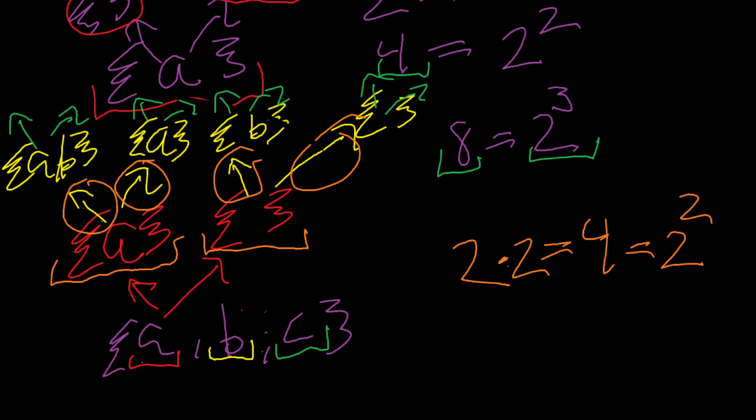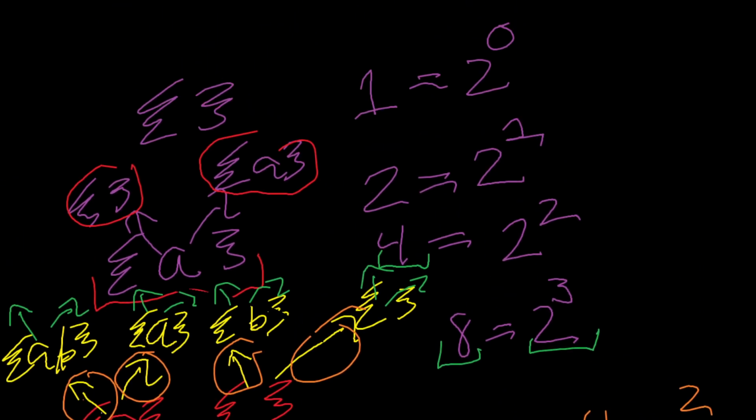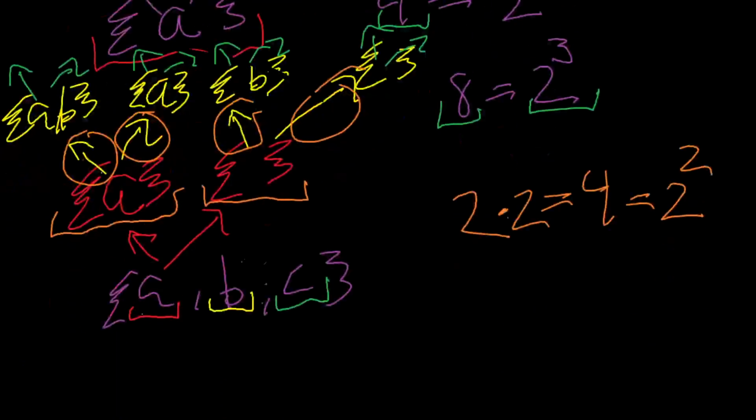So, as you will hopefully be able to understand now, if a set has k different elements, or in other words, the set has a cardinality of k, then it has 2 to the k different subsets.